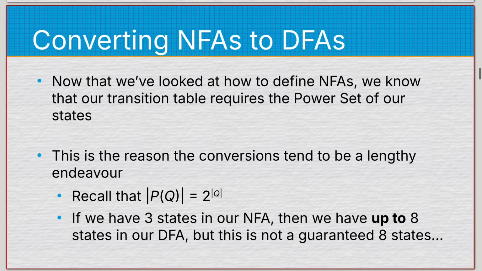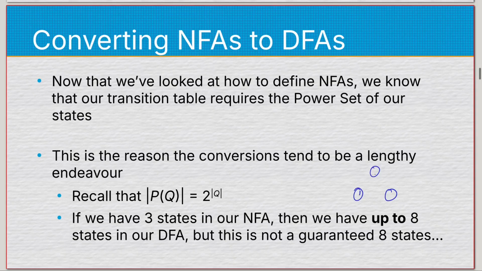So an NFA just basically needs its states and whatnot. But when we do the conversion process over to a DFA, now we need a combination of every possible state combination there is. So if we have 3 states, then we are going to need up to 8 states in our DFA. So let's say I had 3 states here in my NFA.